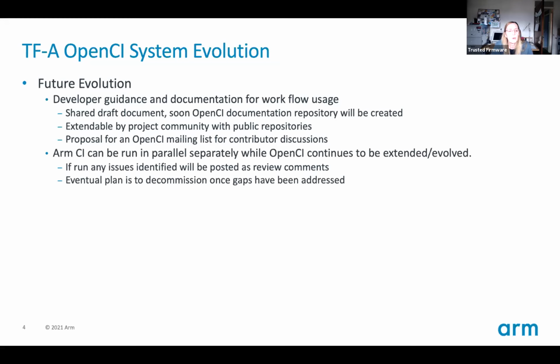So also available is the internal ARM CI. It's actually parallel, and it's being run with some separate Gerrit flags, and it's primarily there while the OpenCI is coming together, being stabilized. And there's also some tests in there, unfortunately, that we haven't been able to open source yet.